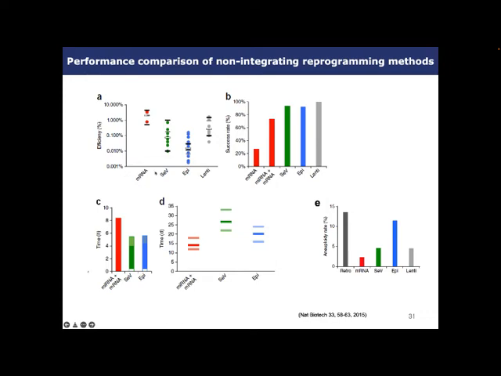Between these delivery methods, the efficiency of reprogramming is different. The mRNA, Sendai virus, episomal, and lentivirus methods show different amounts of efficiency. The success rate is also different, and the time required for reprogramming is also different. So we need to choose wisely which method to use to deliver the transcription factors into the fibroblasts for the experimental purpose.